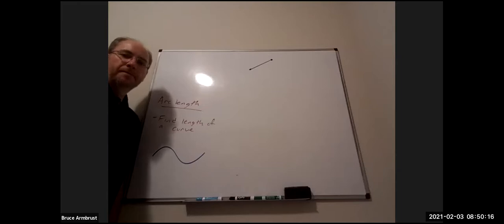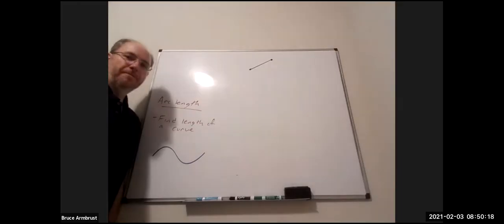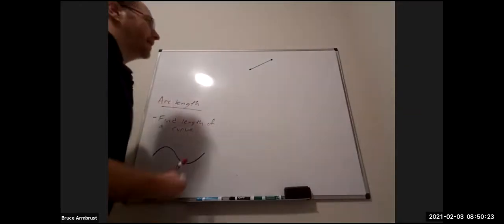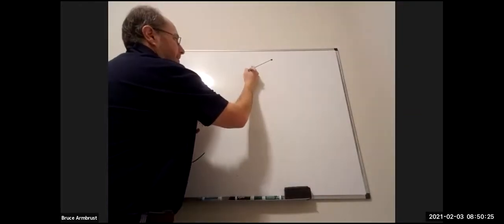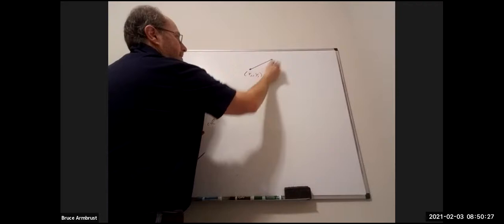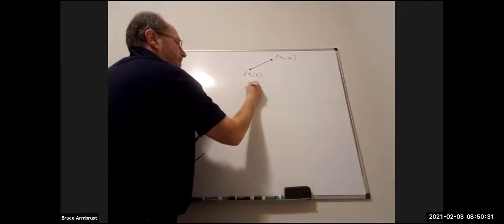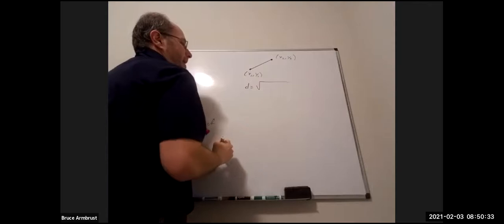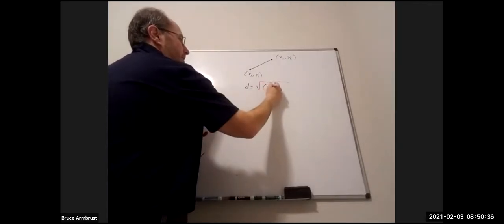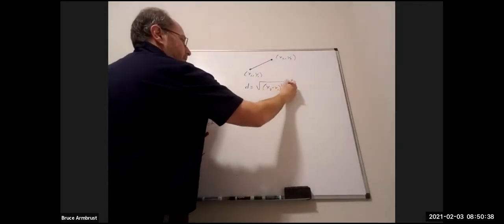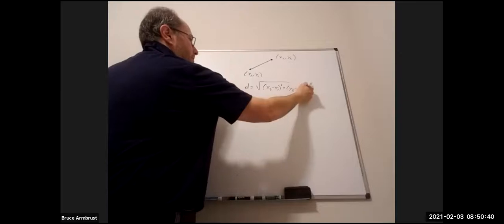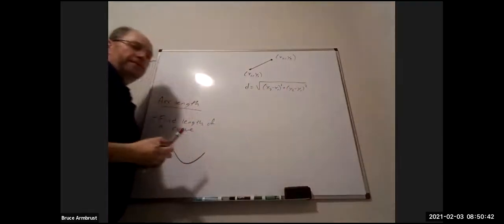Distance formula? Yeah, it's just the distance formula, right? It's the distance between these two points. So if I told you this point is x1, y1, the other one x2, y2, the distance formula is the square root of (x2 minus x1) squared plus (y2 minus y1) squared.